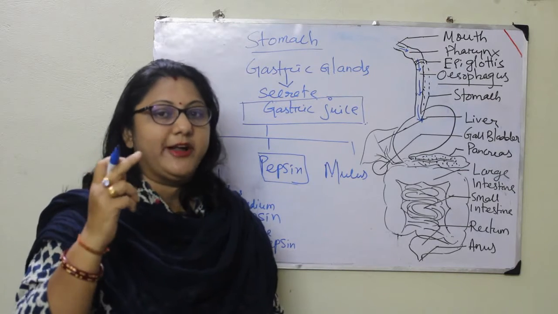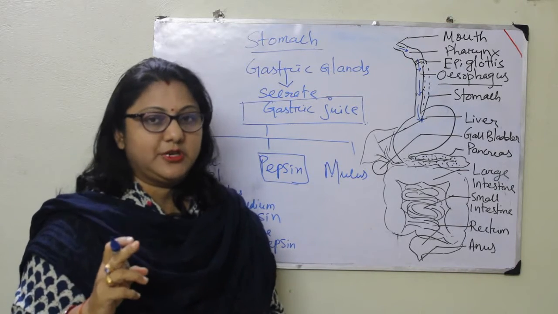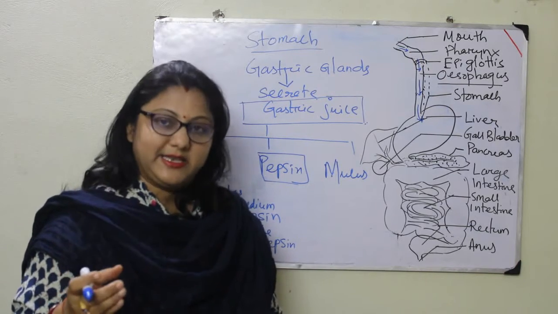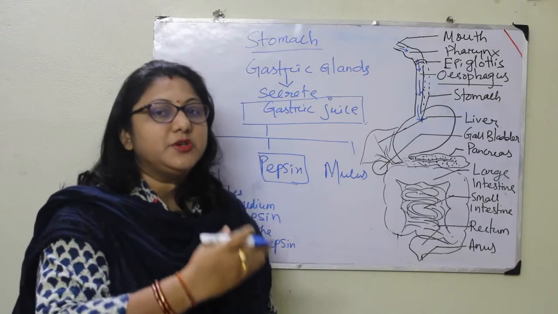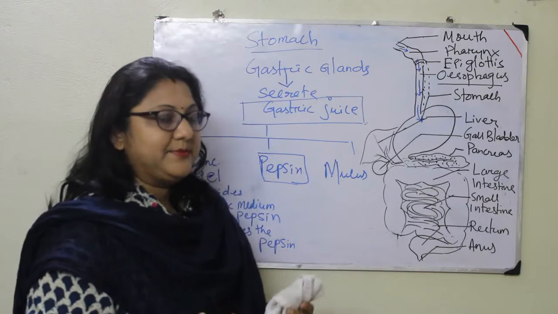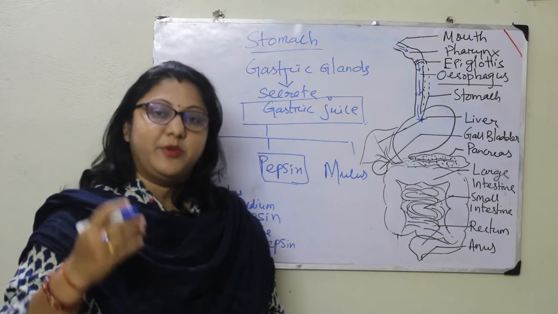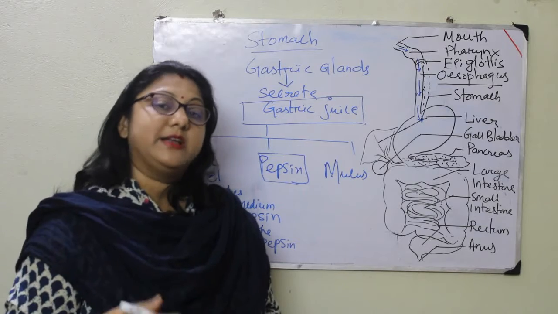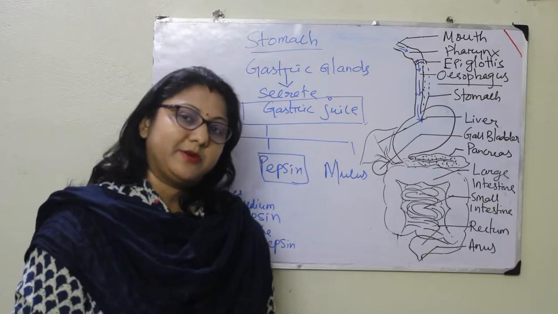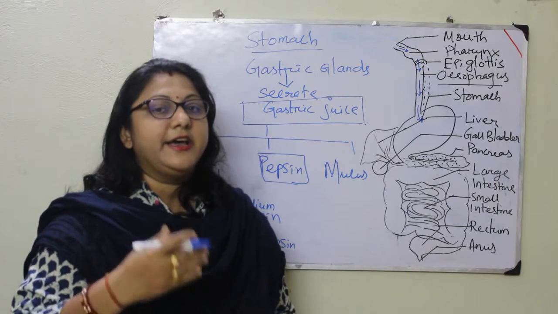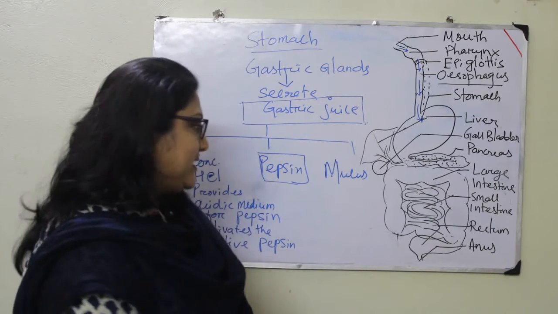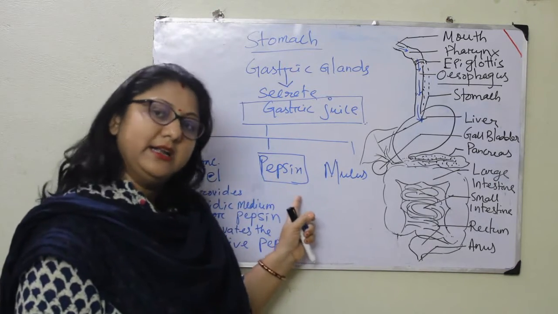So a pH of 7 is always neutral. 7 to 14 is basic, and 7 to 0, coming towards 0, is acidic. Some enzymes prefer a basic medium, pH 7 to 14. Some enzymes prefer an acidic medium, that is 7 to 0. So it depends on the particular enzyme in what condition it will act best for digestion. Clear? So the acidic medium is required by this particular enzyme.